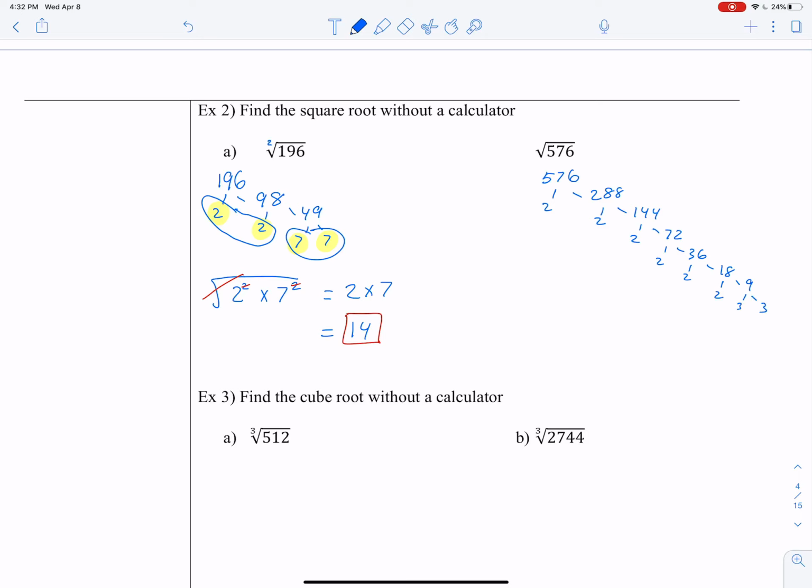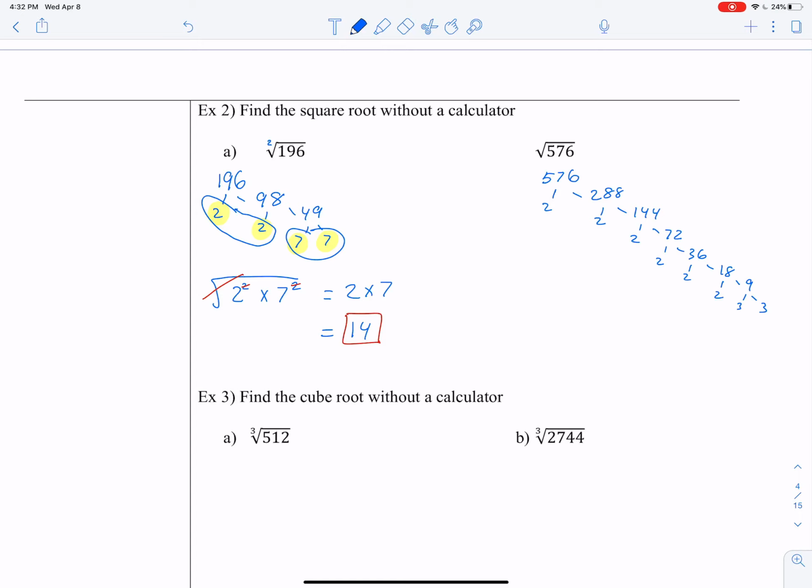Okay, and what you're going to do is, why don't you pause and try this one. So give it a try. I want you to find out the square root of 576 using this method. So give it a shot.